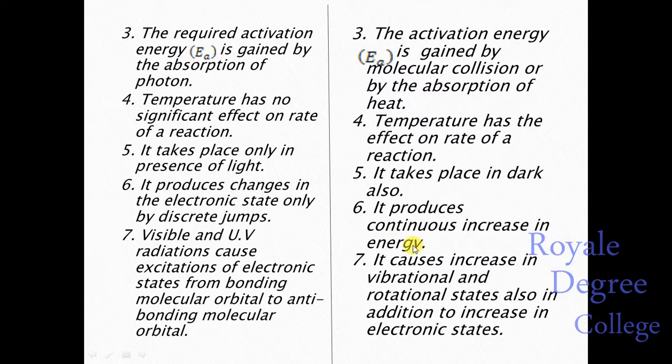Next difference is that visible and ultraviolet radiations cause excitation of electronic states from bonding molecular orbital to anti-bonding molecular orbital in the case of the photochemical reaction. But in the case of the thermal chemical reaction, it causes an increase in the vibrational and rotational states, in addition to an increase in the electronic states.